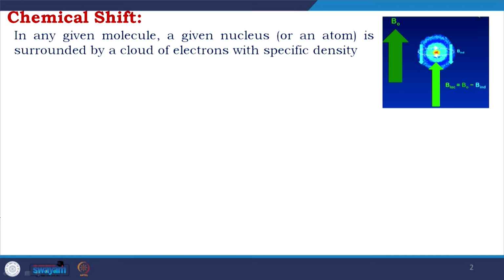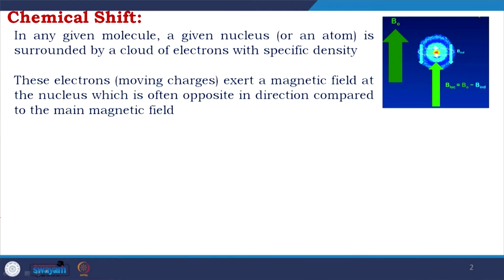You all know, hydrogen has 1 electron, carbon has 6 electrons, so they differ. The nucleons have spin and the electrons have spin, and the electrons surround the nucleus, so they affect the spin of the nucleon.